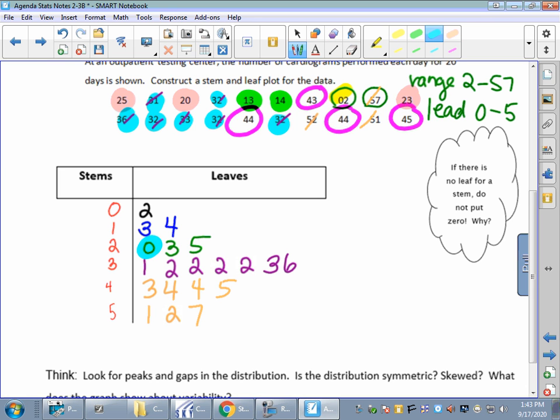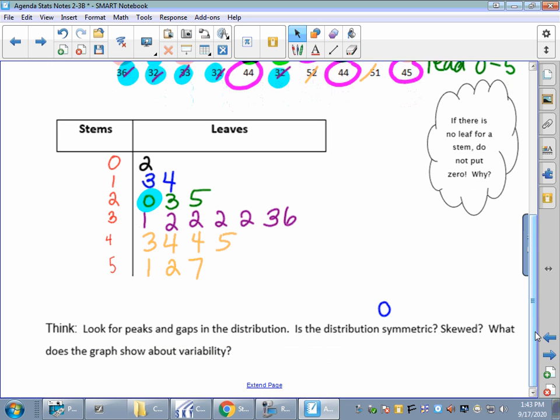If I didn't have anything in the tens column, if I put a 0 in there, I'd think I had 10. If I put nothing, I know that I have nothing with the lead digit 1. So you just leave it blank if you don't have anything, even if it's in the middle of your stem and leaf plot. I think that it probably looks like a bell curve. It looks pretty symmetric.